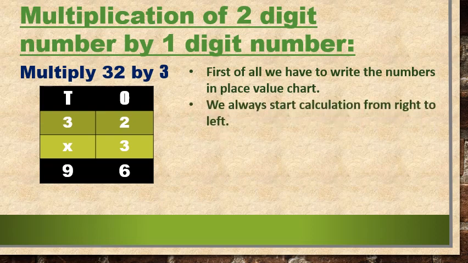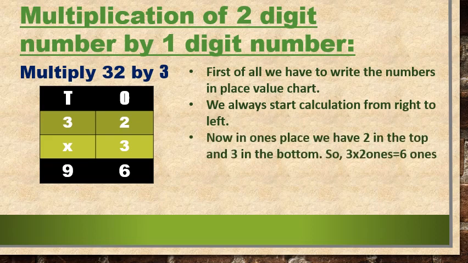As we all know, we always start calculation from right to left. Now, in ones place, we have 2 in the top and 3 in the bottom.